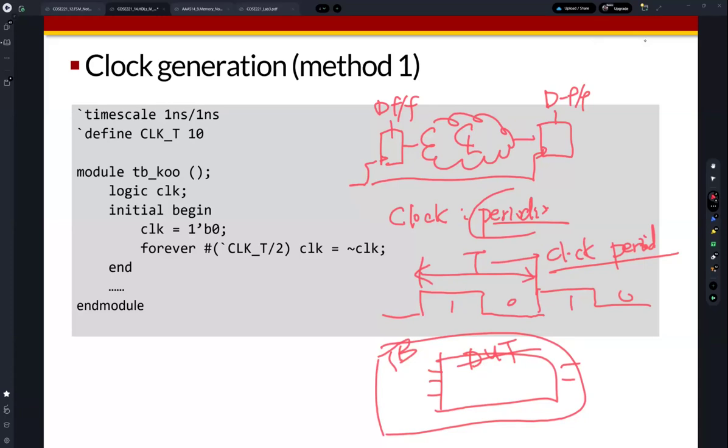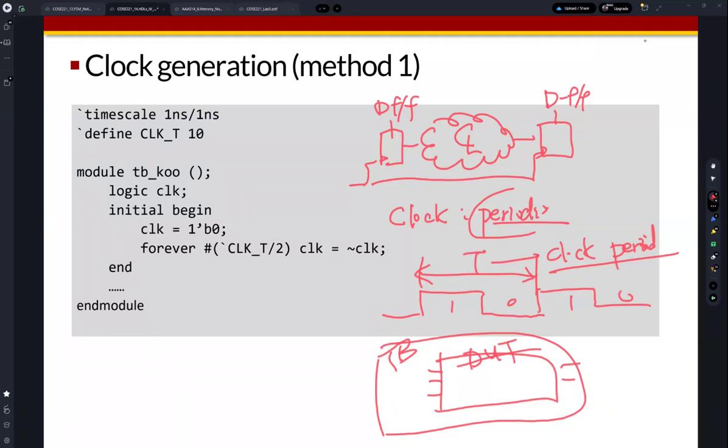So let's learn how to generate clock signals. So this is the definition of a clock signal. Inside the clock period, we need to generate 1 and 0, and then this repeated 1 and 0 needs to be repeated forever, right? So this is the example.